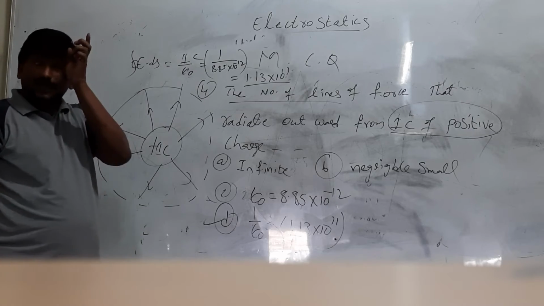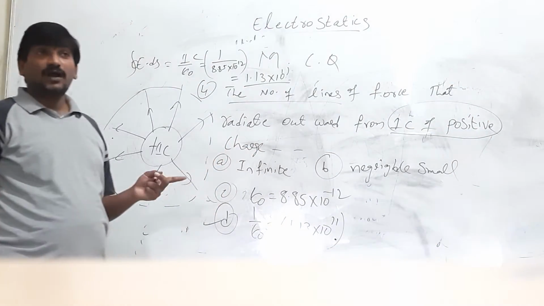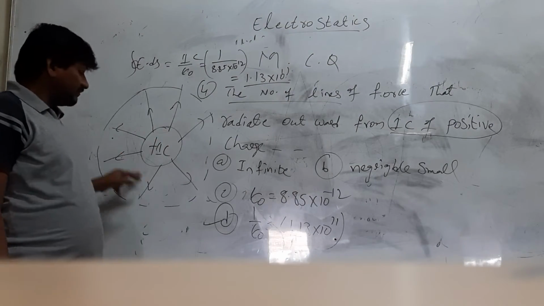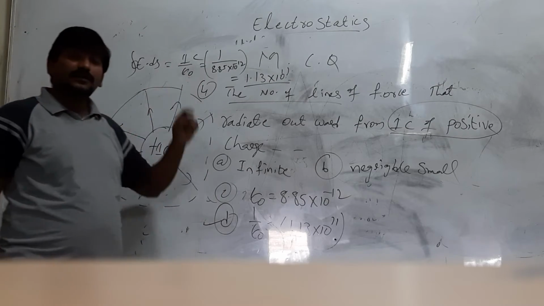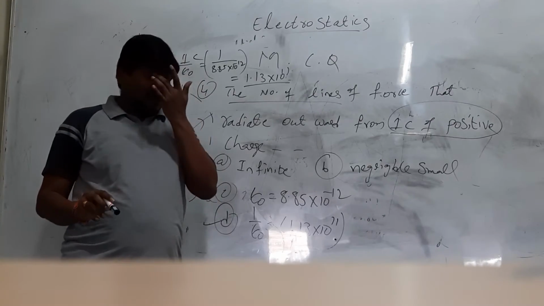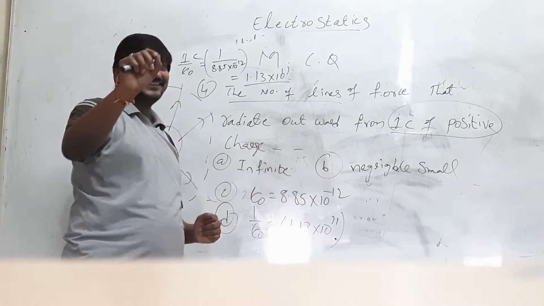You got it? This is the way we have to analyze. This is related to electric field lines as well as Gauss law. If you don't know the nature of the positive charge or Gauss law, then you will get 0 marks, unless you guess the answer, which is a different case.